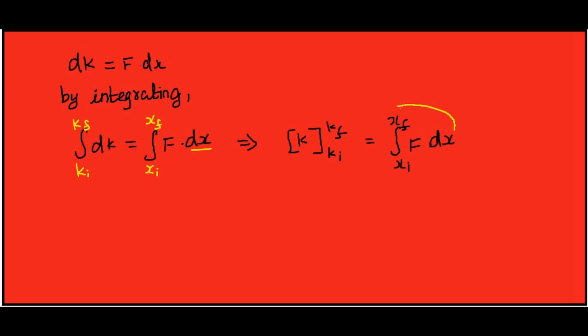Here we know force into displacement is nothing but work done. So what we get over here is change in kinetic energy, final kinetic energy minus initial kinetic energy, is equal to work done.